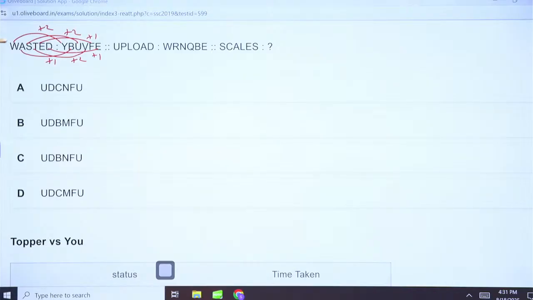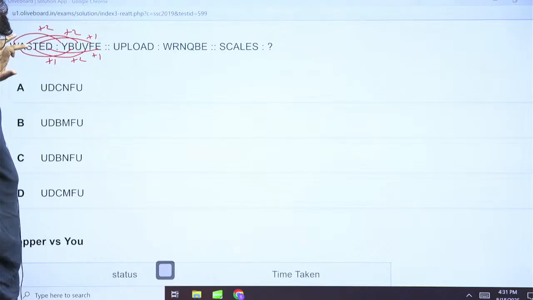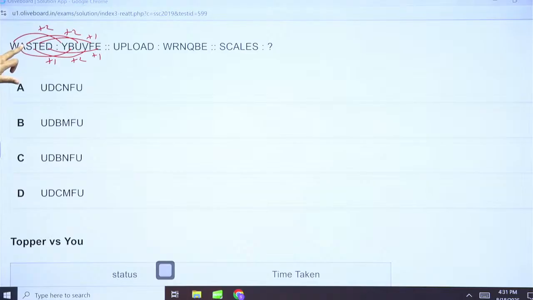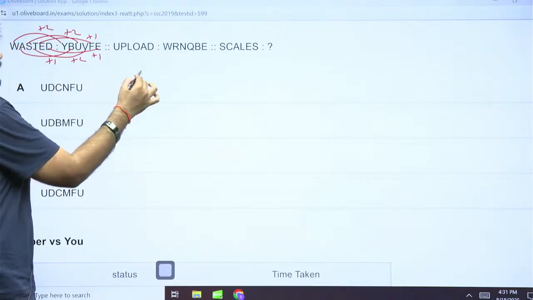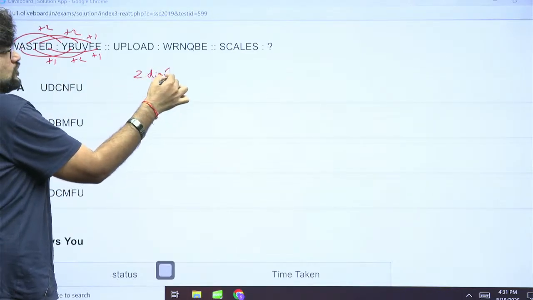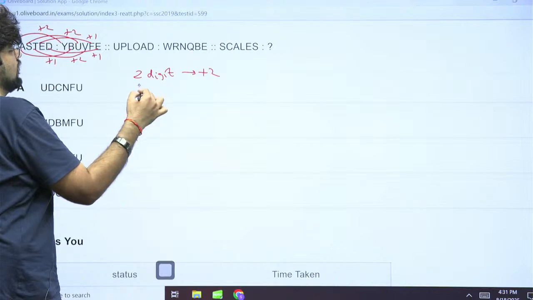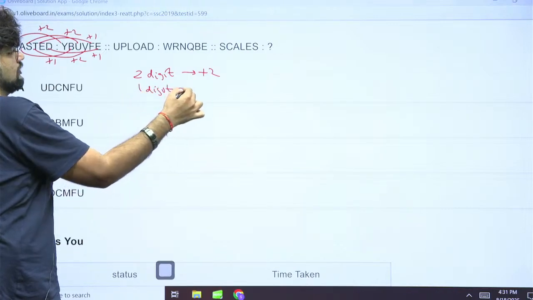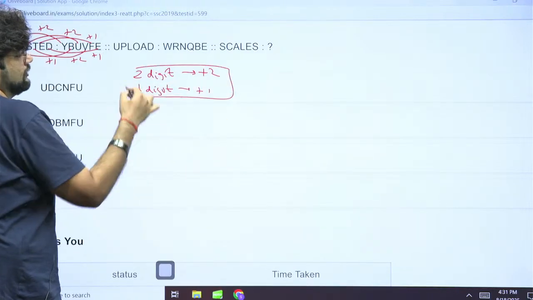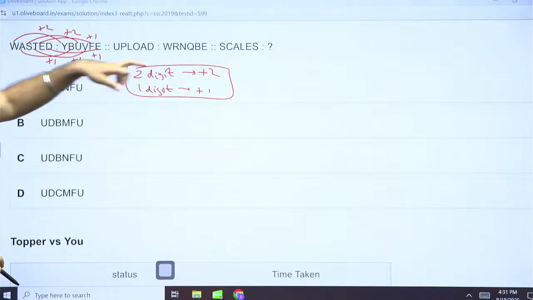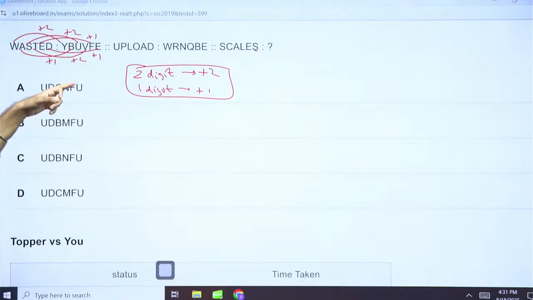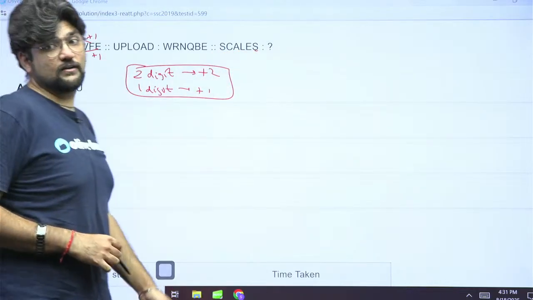It's 23 plus 2, 1 is plus 1, 19, 20. Okay, got it. I'll tell you what. So this is not vowel consonant. This is a 2-digit one. 2-digit one is increasing by 2 and 1-digit place value is increasing by 1. This is what is happening. Okay, but we are lucky though, even we have an S here, we are still having U only in the end. So you'll not get confused anywhere.